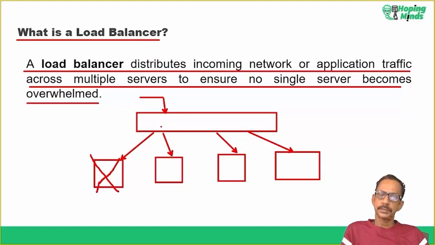Got the point? That is the prime purpose of a load balancer in a network. And nowadays the traffic keeps increasing, network utilization keeps increasing, so it's mandatory to have a load balancer in your network.